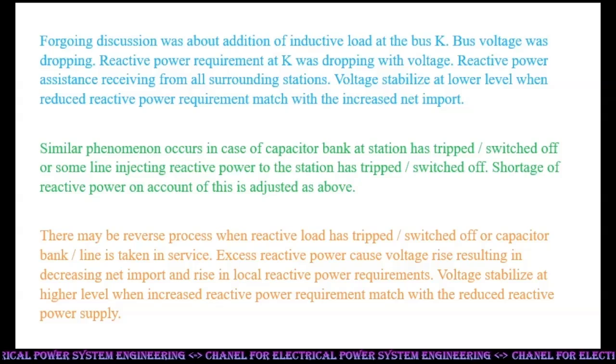Excess reactive power causes voltage rise, resulting in decreasing net import and a rise in local reactive power requirements. Voltage stabilizes at a higher level when the increased reactive power requirement matches the reduced reactive power supply.